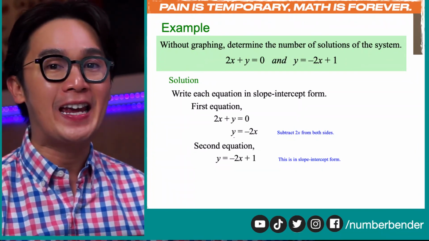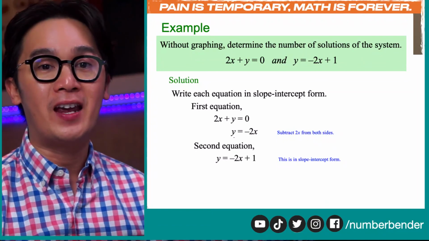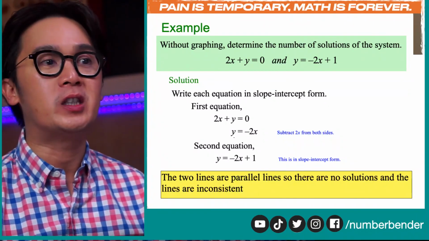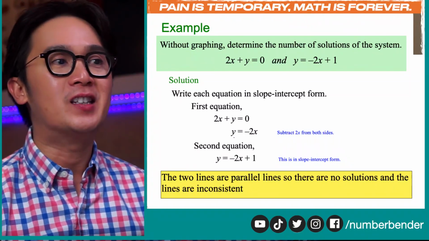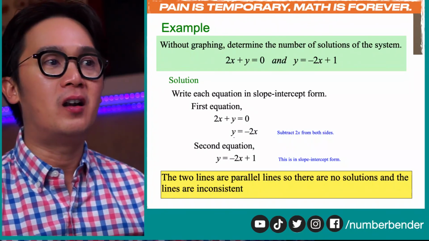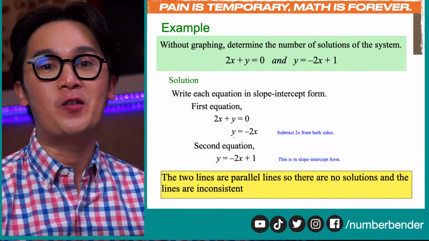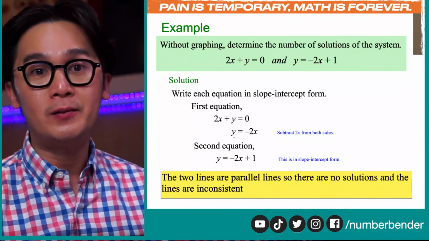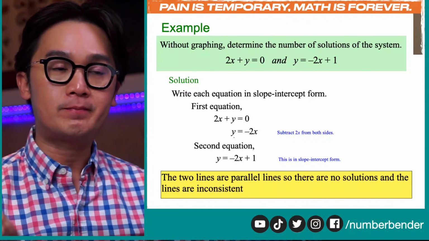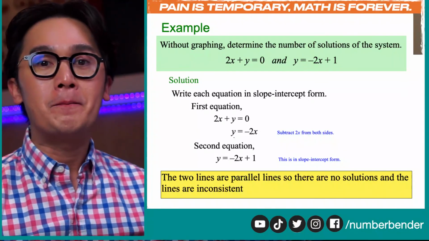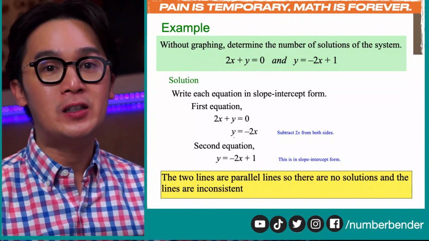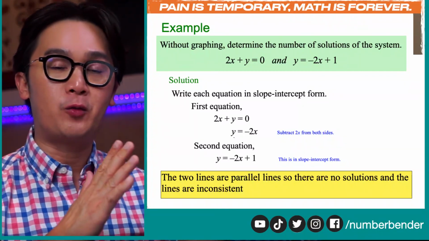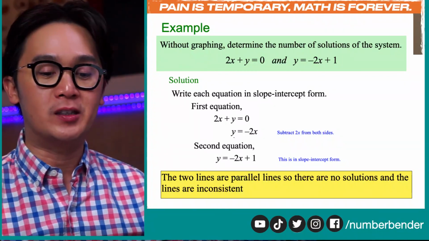So in this case, they are parallel. So that means there's no solution in our linear system and that the system is inconsistent. So this is how we describe the solution using our descriptions, by identifying the slope of our equation and converting the general equation into its slope-intercept form.